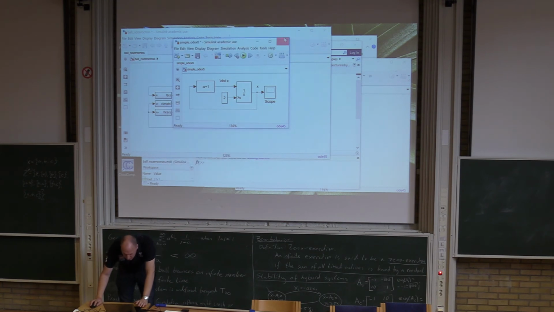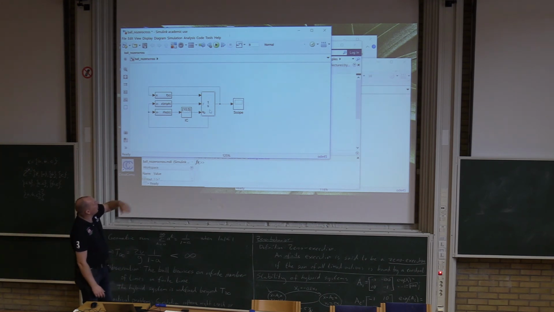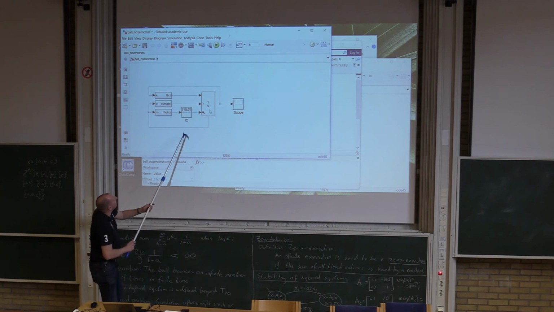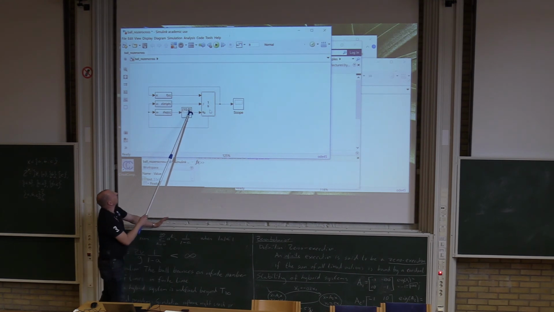And that is what is used here. So this is the model of the bouncing ball. And in this case we have the initial value here. And 10 and 5 means that initially we start at height 10, velocity 5, if I remember correctly.